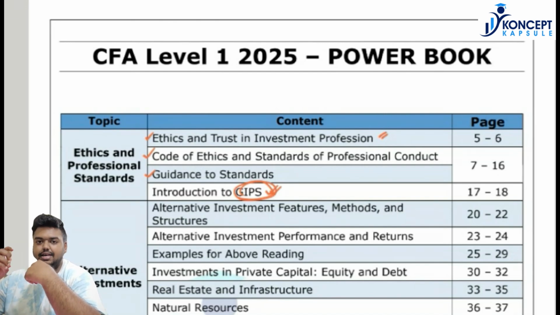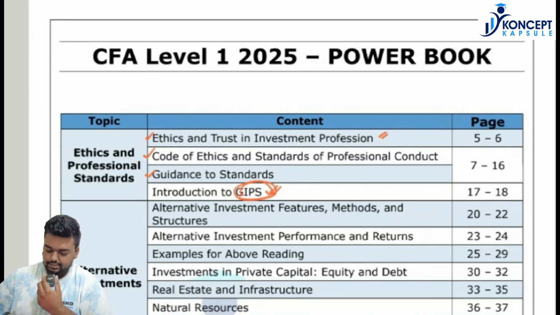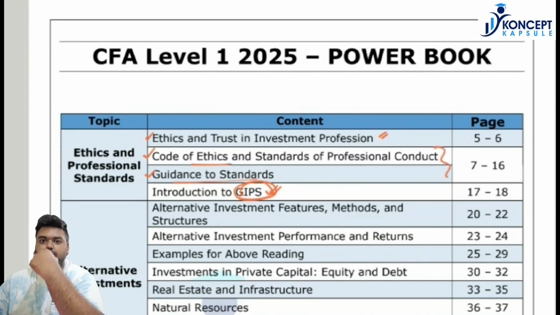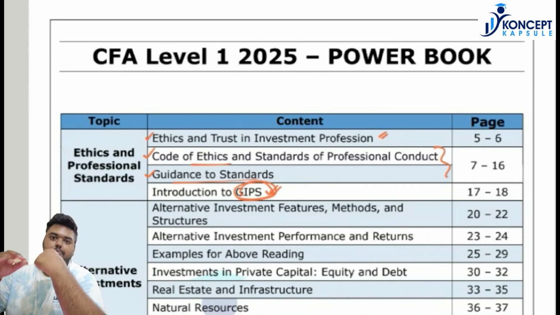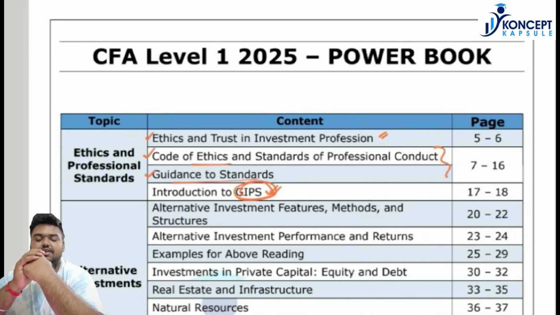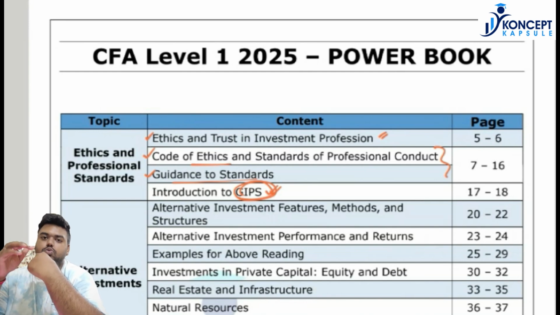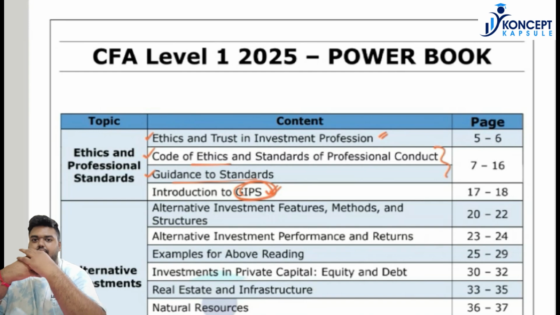The major essence of ethics lies in these two topics, code of ethics and guidance to standards. And I'm sure if you would have gone through the content, you would have seen that they are not simple topics, correct? They have a lot of complexities involved. There are a lot of case studies and students often confuse in the case studies, right?